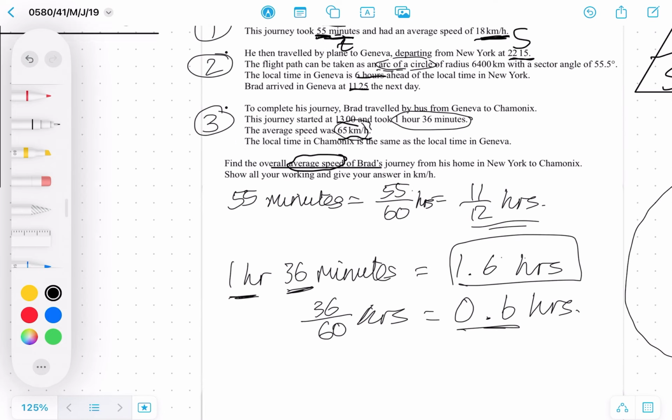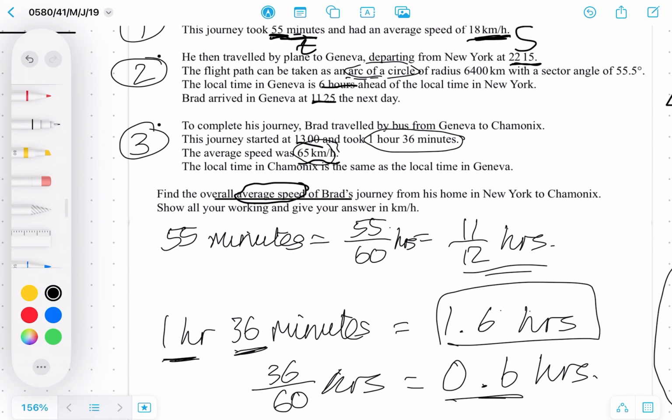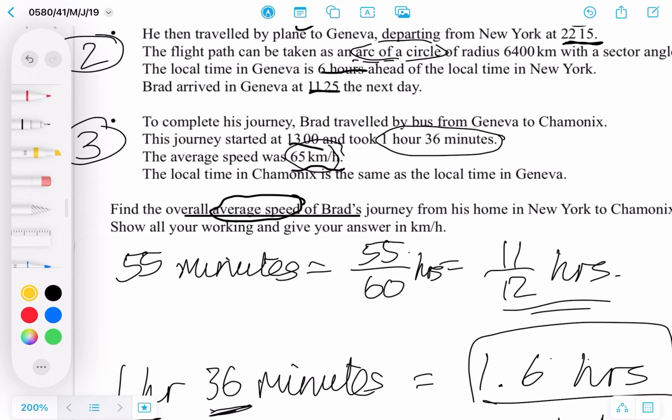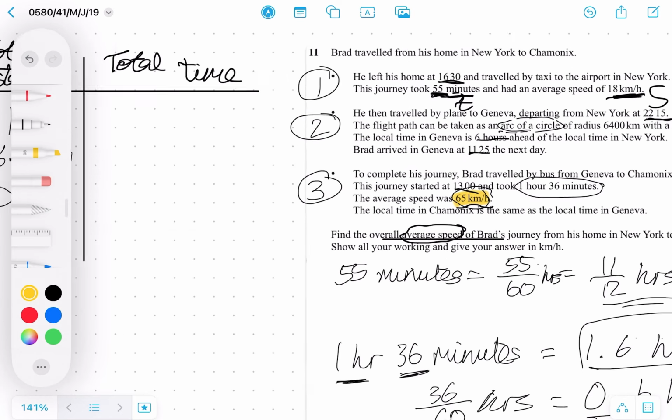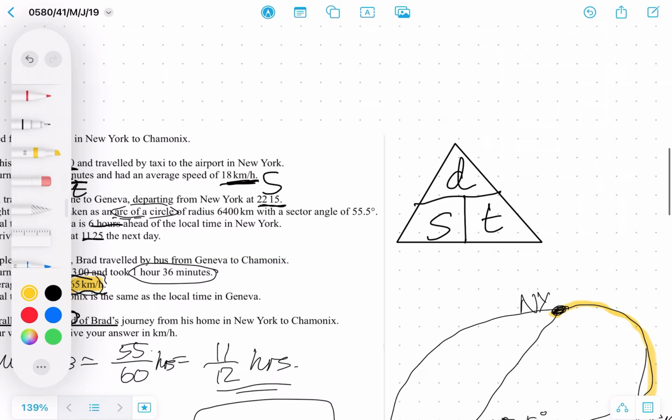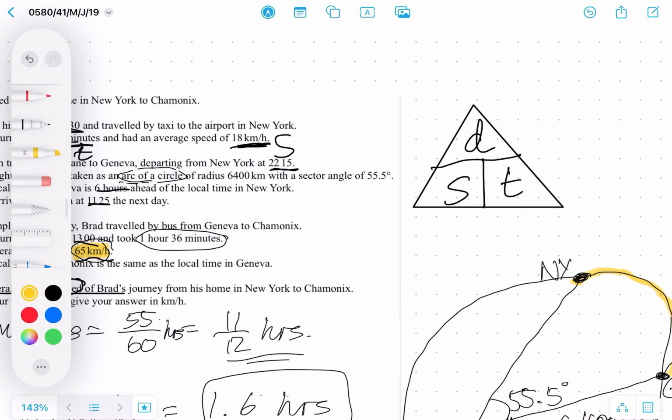Okay, so the bus journey took 1.6 hours, and the average speed he traveled at was 65 kilometers per hour. So the same thing, from this triangle, we get that distance is equal to speed multiplied by time.